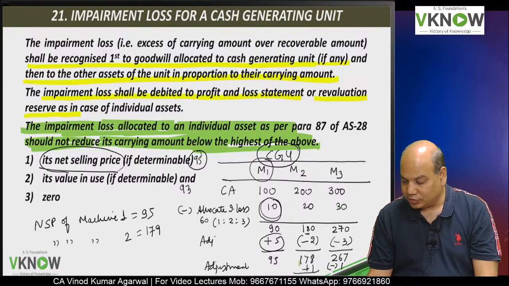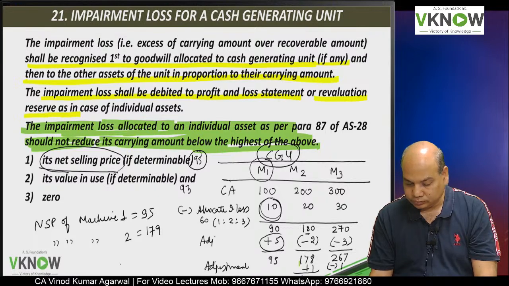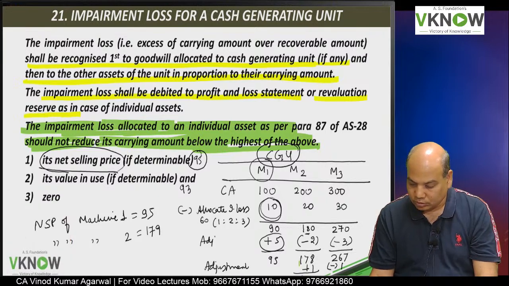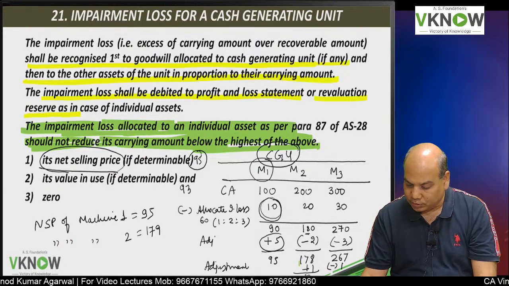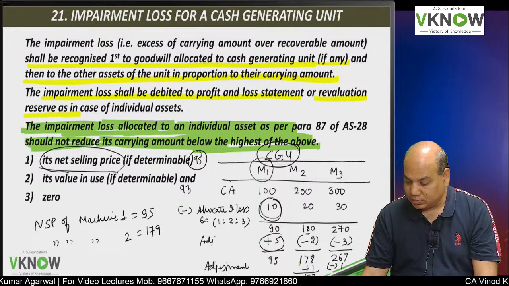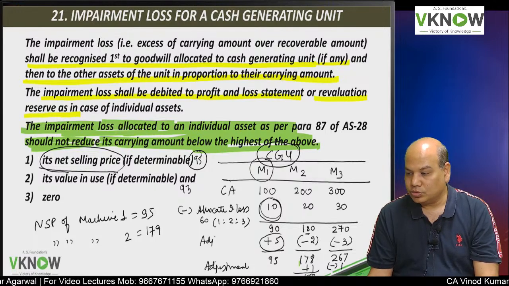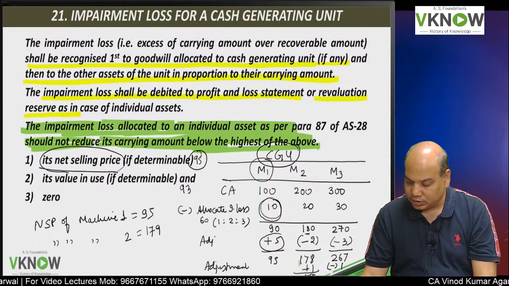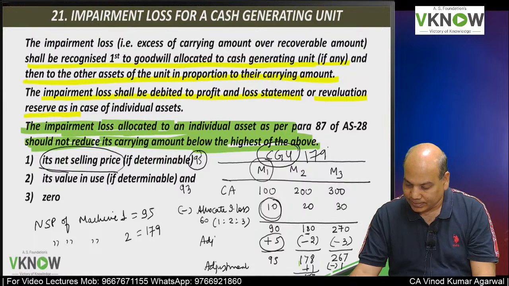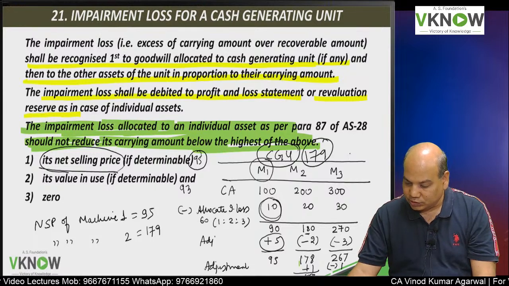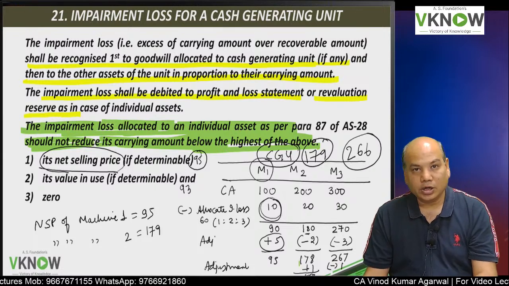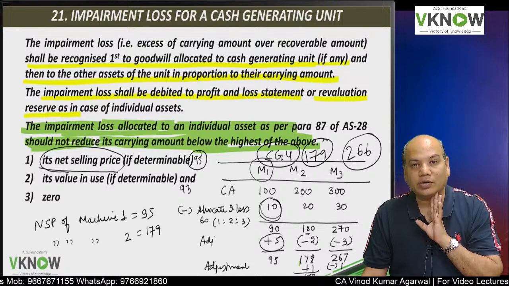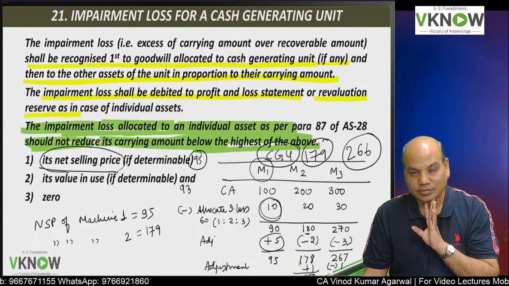After that this will become 179, so that it doesn't fall below its net selling price or value in use or 0, whichever is high. 179, and machine 3 will become 266. Again you also have to check the net selling price and value in use of machine 3.